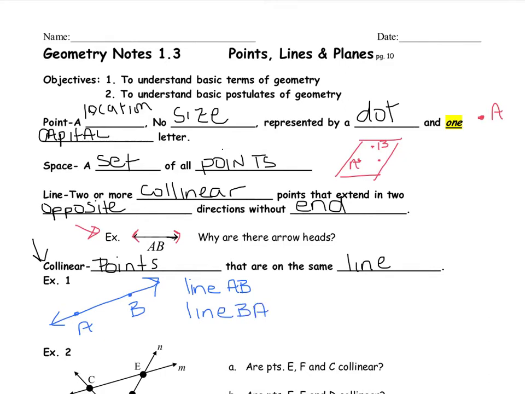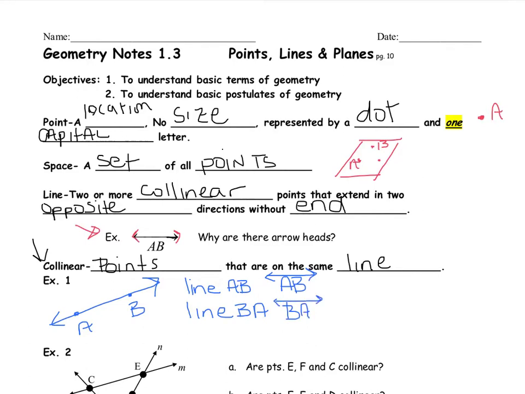We can name it without the word line in there, but we can show it with symbols, AB with a double-headed arrow on the top, or the same thing but the letters are reversed, BA.